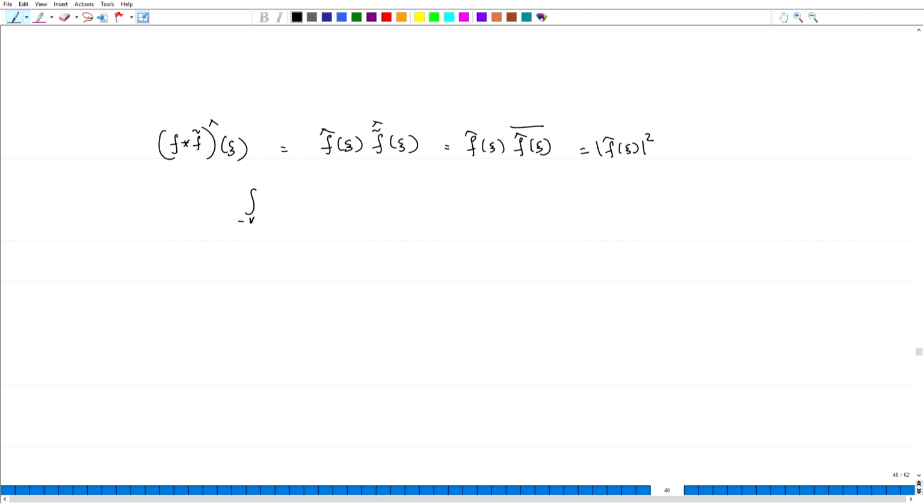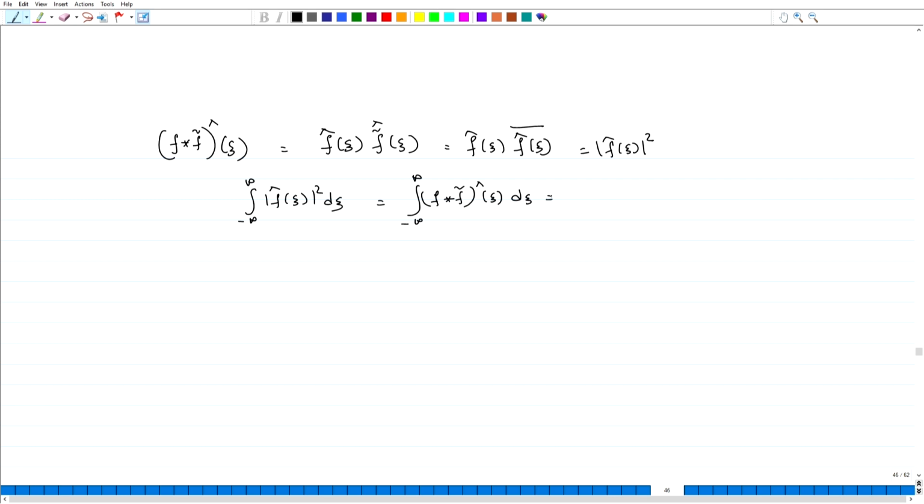Therefore, what we get is that the integral from minus infinity to infinity of mod of f hat of xi square d xi is equal to the integral from minus infinity to infinity of the Fourier transform of f convolution f tilde at xi d xi.